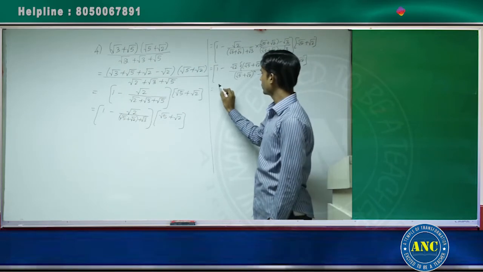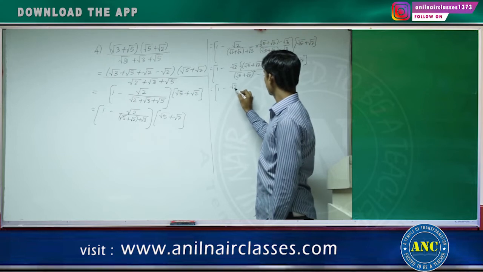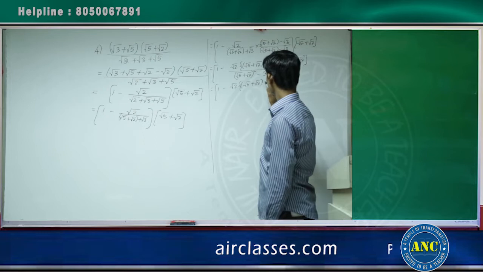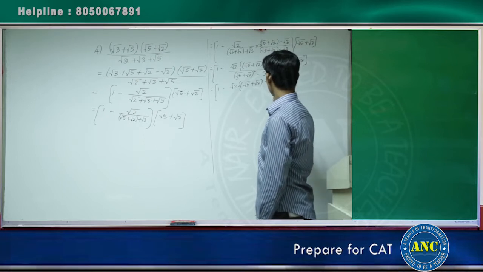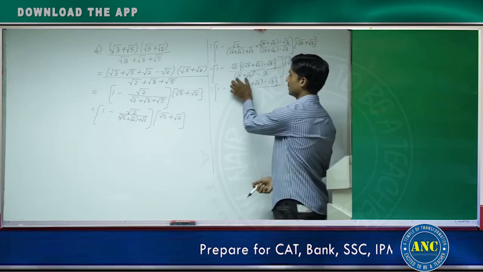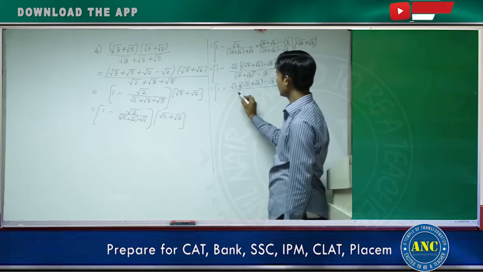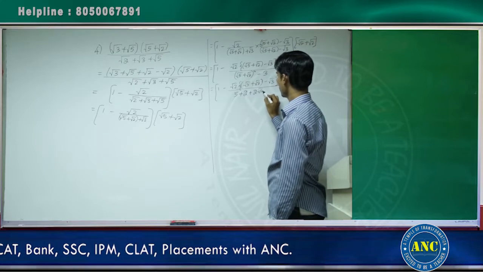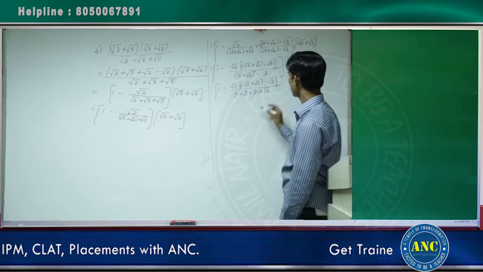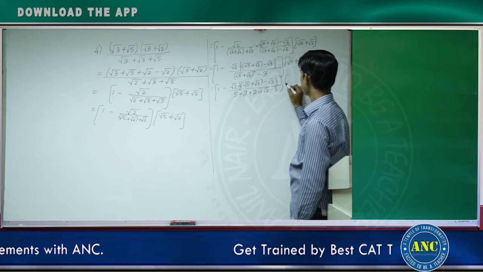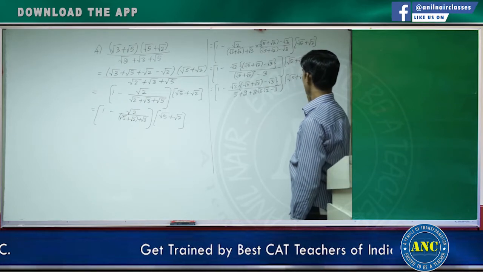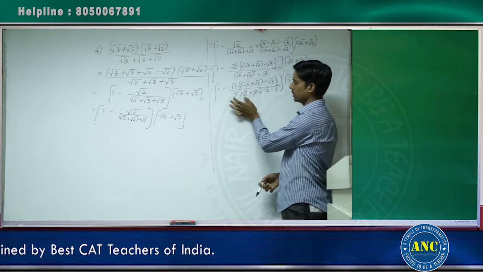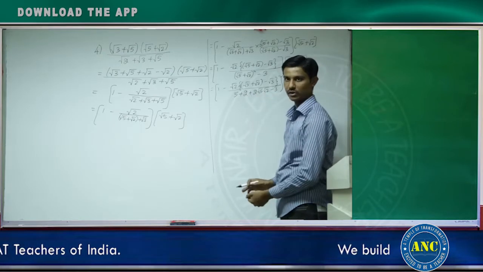This is 1 minus root 2 into root 5 plus root 2 minus root 3, whole thing divided by, if I simplify this, a plus b whole square is a square plus b square plus 2 into a into b, minus 3. The entire thing is multiplied by the same term. Now if I simplify this, 7 minus 3 is 4, so it is 4 plus 2 root 10 in the denominator.